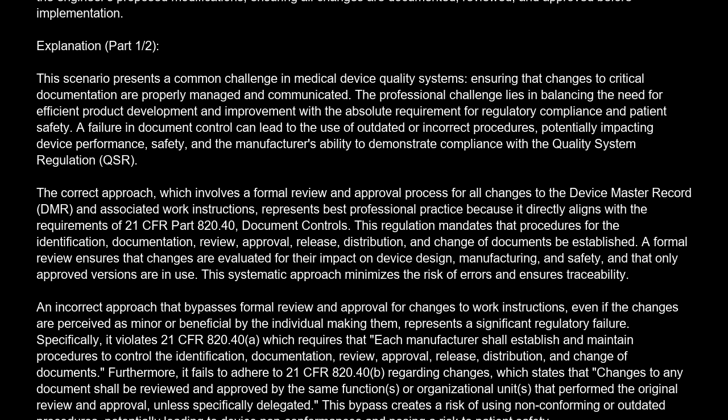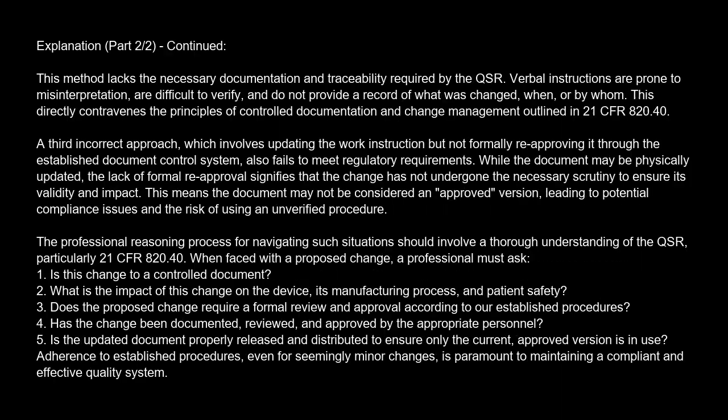Another incorrect approach, such as relying solely on verbal communication of changes to work instructions, is also a critical failure. This method lacks the necessary documentation and traceability required by the QSR. Verbal instructions are prone to misinterpretation, are difficult to verify, and do not provide a record of what was changed, when, or by whom. This directly contravenes the principles of controlled documentation and change management outlined in 21 CFR 820.40.